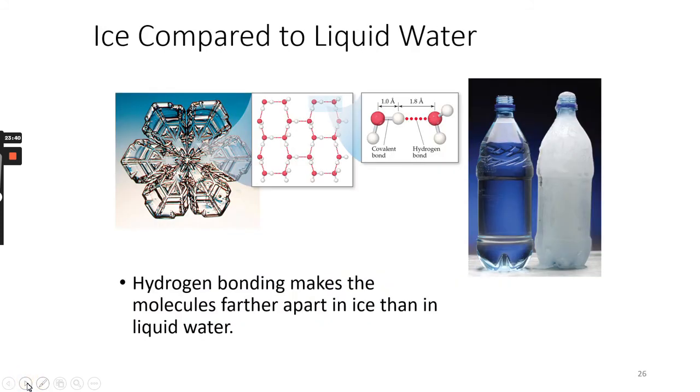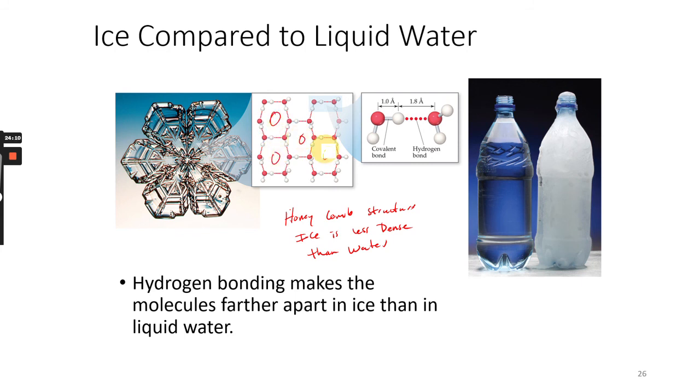And hydrogen bonding is very important, especially in water. Okay, hydrogen bonding makes the water molecules further apart in ice than in water. So they form this hexagon, this honeycomb structure. And this is why ice is less dense than water, because this is all empty space here.